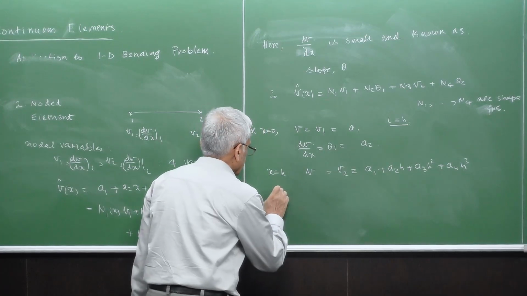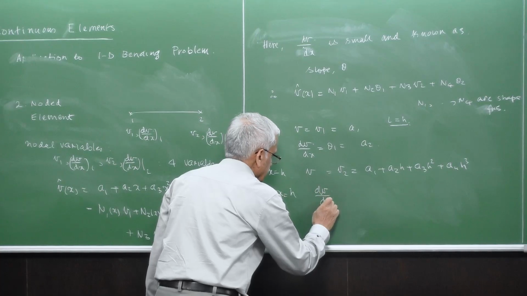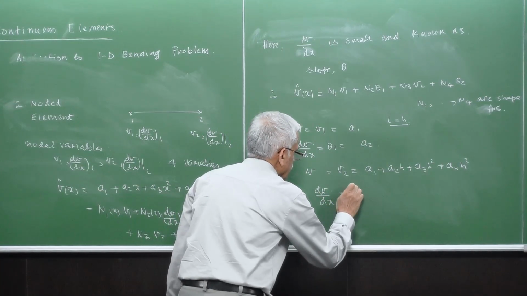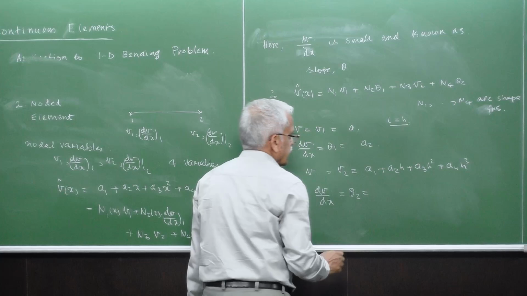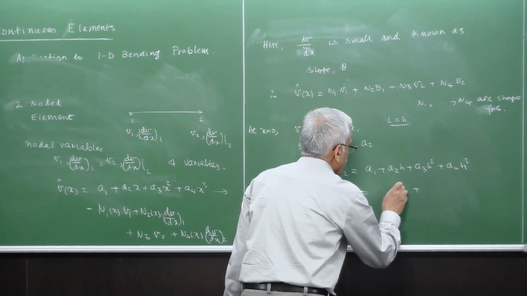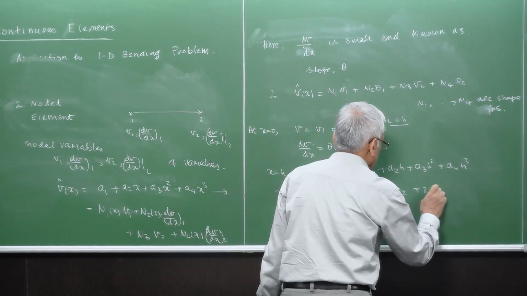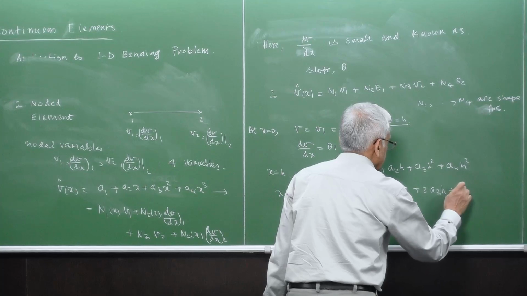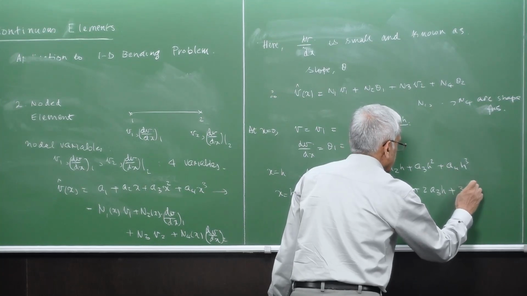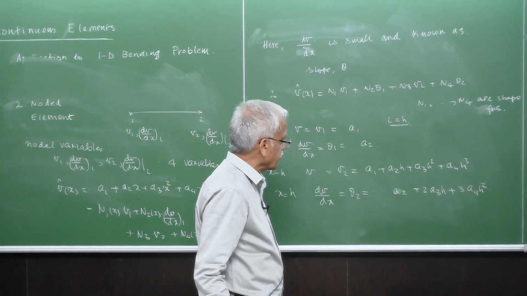So similarly at x equal to h, dv by dx is equal to theta 2, and this is A2, and this is twice A3 h and 3 A4 h square. So this is the usual procedure.